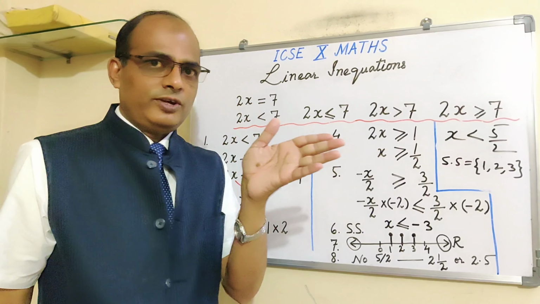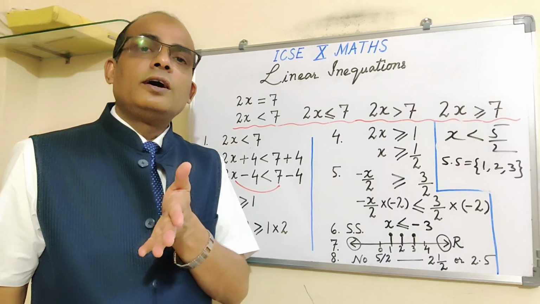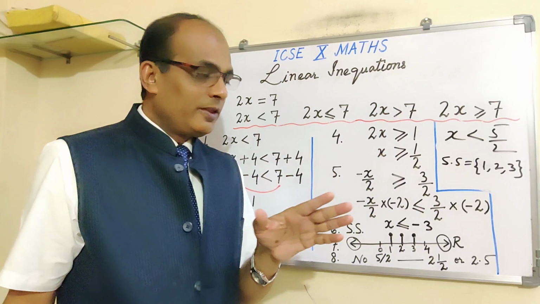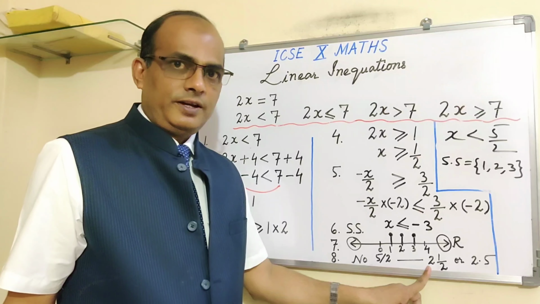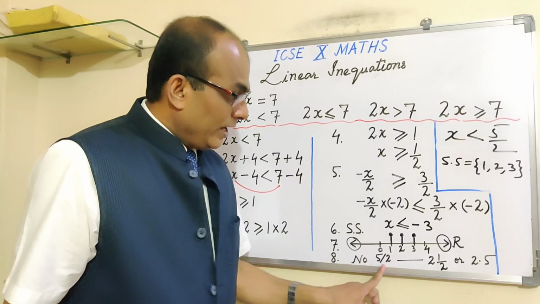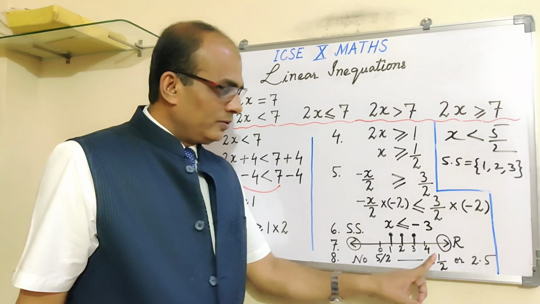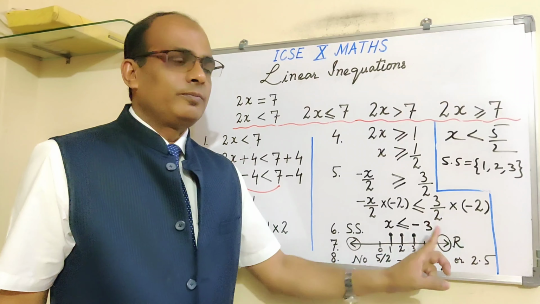If you write 1.3, that means some of the 3's you are discarding, you cannot do that. In that case, you should write in mixed fraction form. So 5 upon 2 is not accepted, not at all. You have to write either 2 1 upon 2 or 2.5. I write 2 1 upon 2.